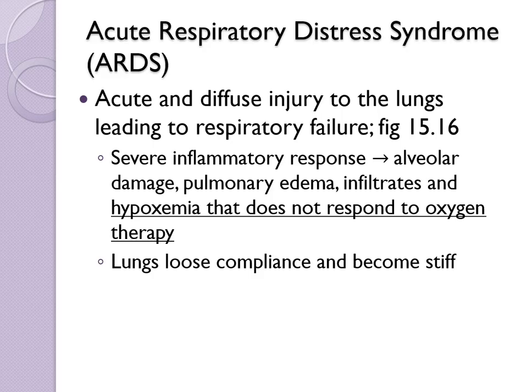But if you were to use that kitchen sponge and decided to paint with it, to apply some polyurethane or something like that, once that sponge dries, it gets really stiff, and now you can't compress it anymore. That's what happens in ARDS. Your lungs get stiff, and we lose that compliance, which further impacts their ability to have gas exchange.